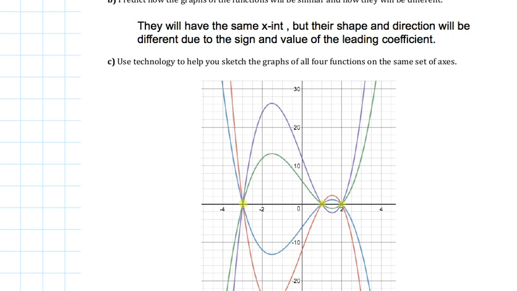Their maximum value, or local max or local min, and their minimum value, right? Their direction of opening, their y-intercept, they don't have the same y-intercept. So the only thing that we can see is the same is the x-intercept. Okay?